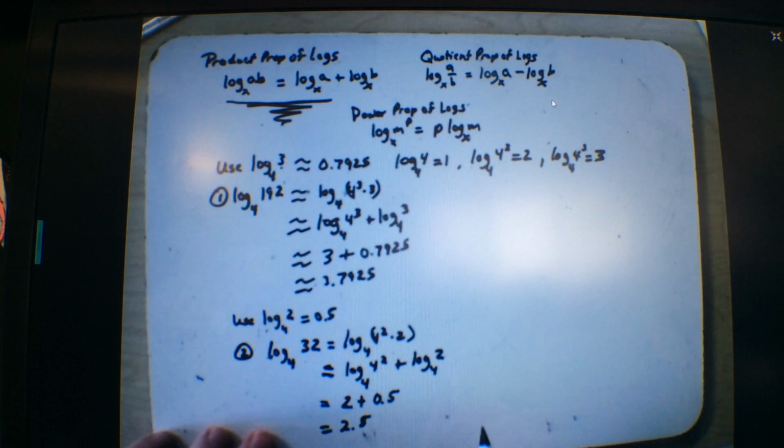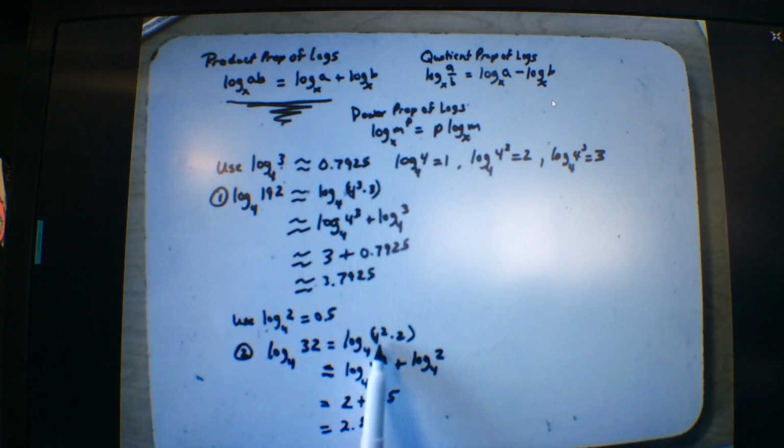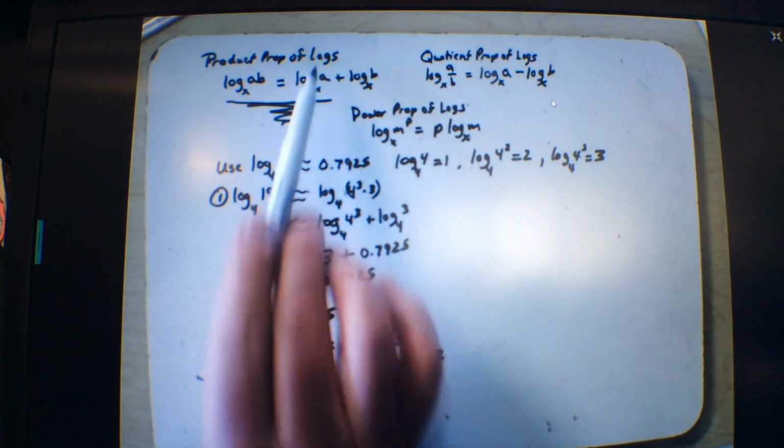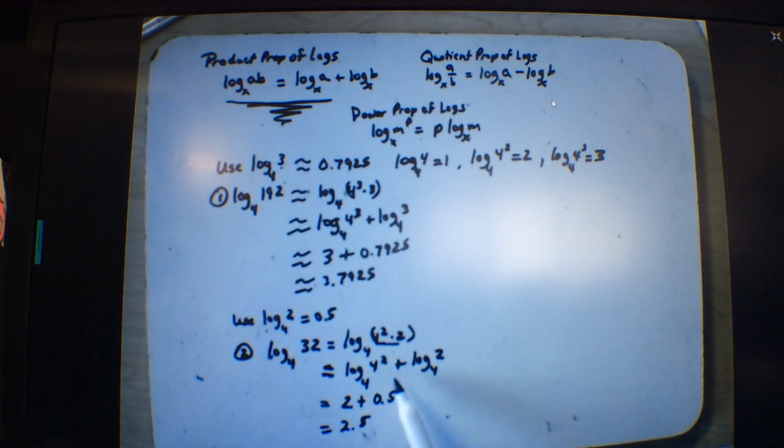Where did the log 2 base 4 come in at? Right here? No, the one over. Right here? Yeah. Okay, so you get this, 4 squared times 2 is 32, right? 16 times 2 is 32, correct? Yep. According to the product property of logs, if I'm multiplying the two, I can split them up and add them, right?